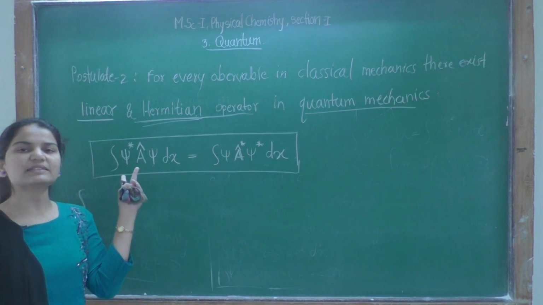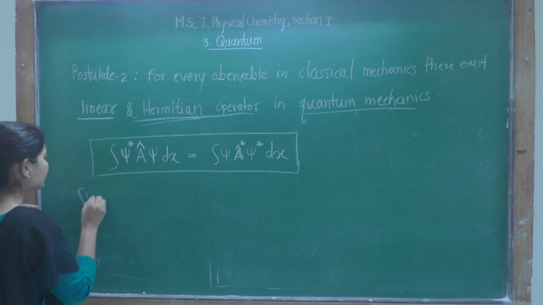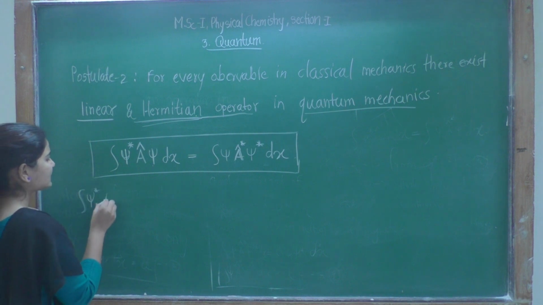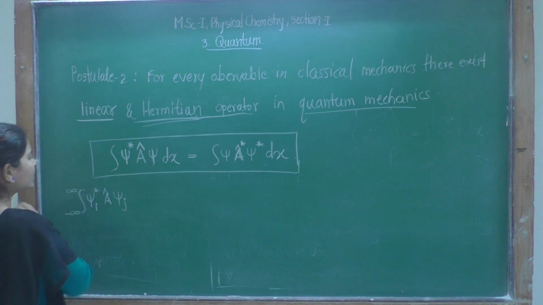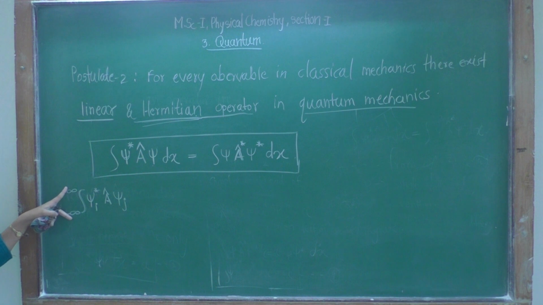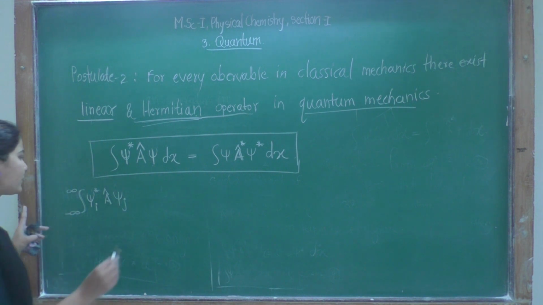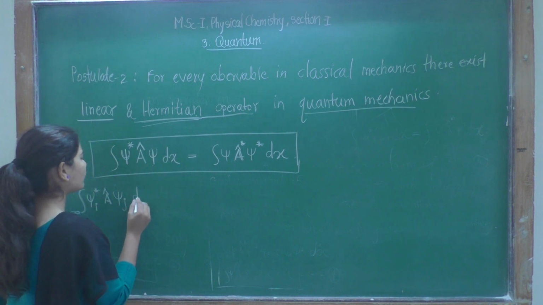We have considered it as the same wave function. Now if these are two different wave functions, we consider them psi i and psi j. If it is from minus infinity to infinity, what does this indicate? It indicates the whole space, and here instead of dx for whole space we can write d tau.